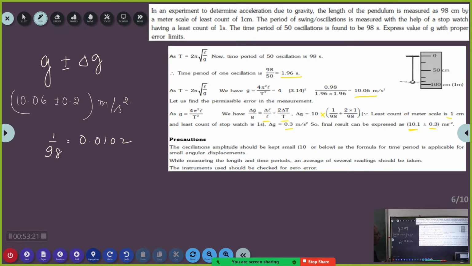Now this is what, 1 centimeter in 98 centimeters, correct? 1 centimeter divided by 98 centimeters, correct? So 1 centimeter upon 98 centimeters.